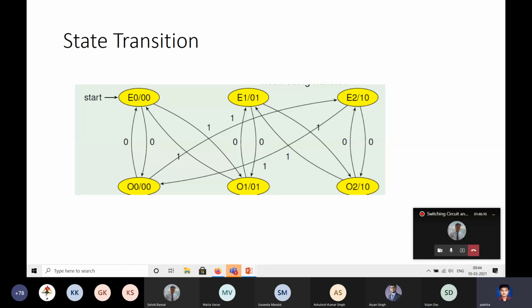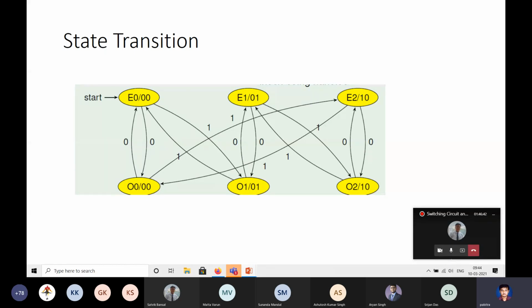If we label them as D1, D2, D3, and you have only one input I, it will be a 4 variable Karnaugh map. 3 variables for the states and 1 variable for the input. D1, D2, D3 and I.